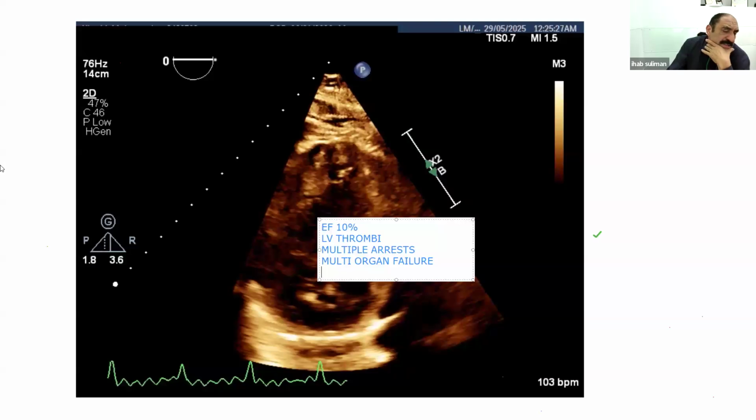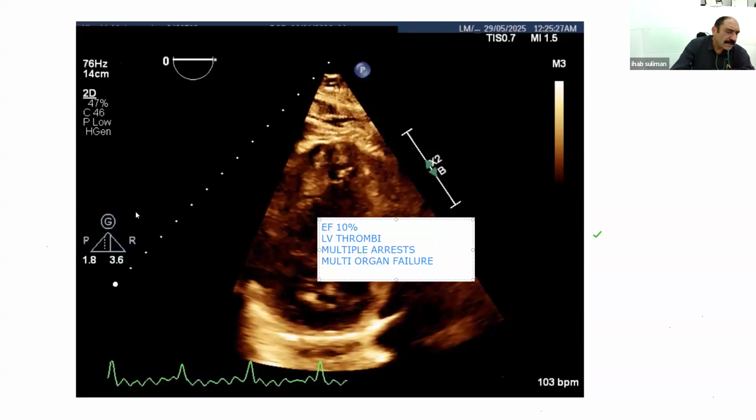What hemodynamic support can you provide him other than inotropes? It is no longer a matter of inotropes. Inotropes were given in large doses, even causing some necrotizing fasciitis.